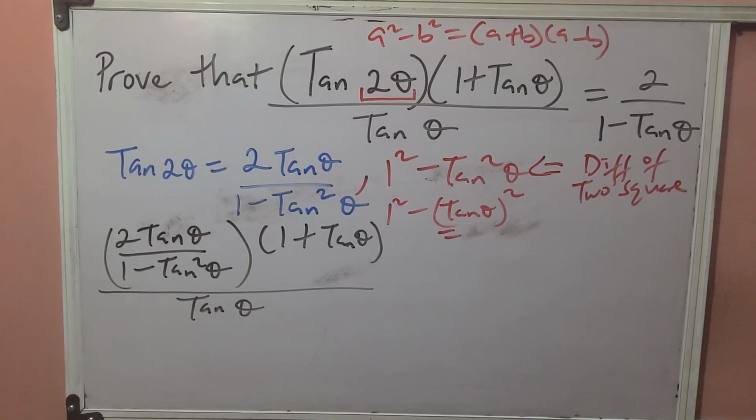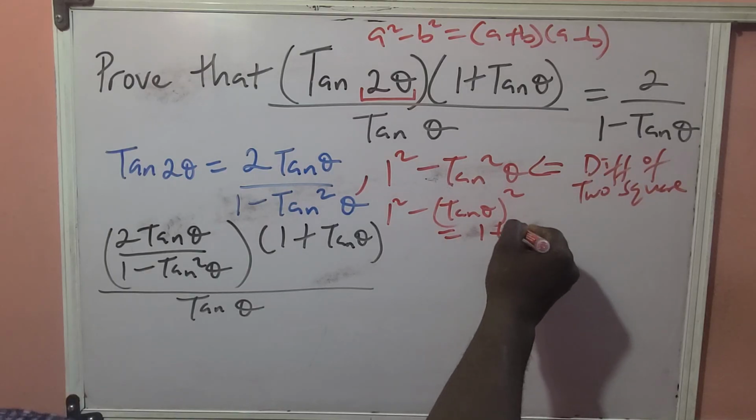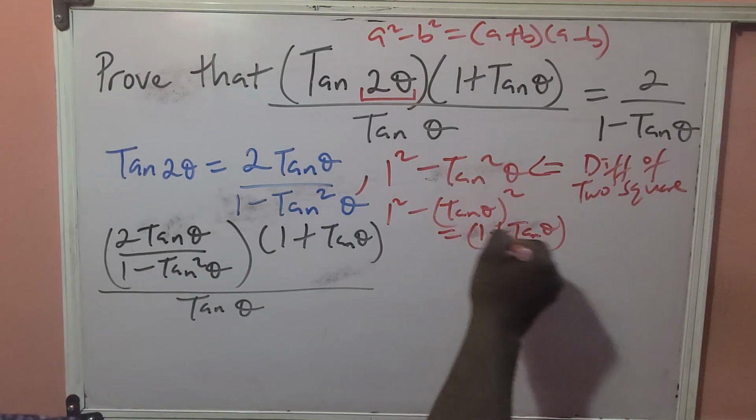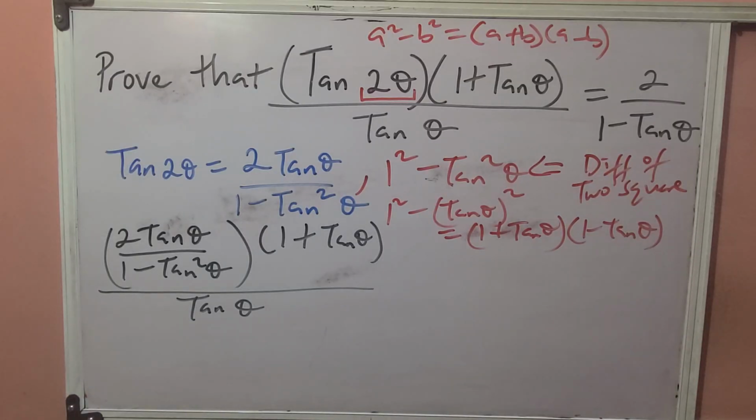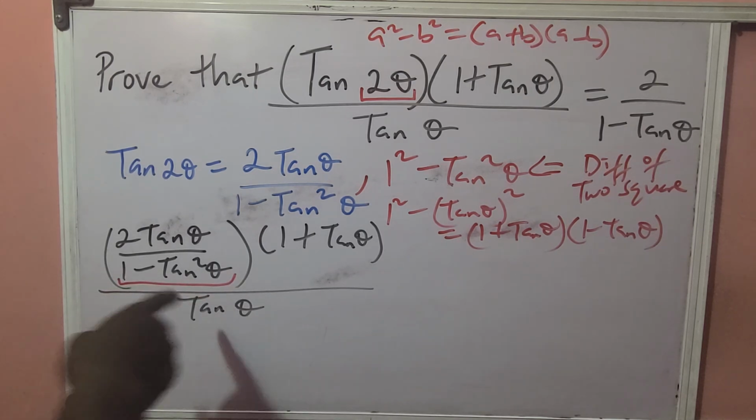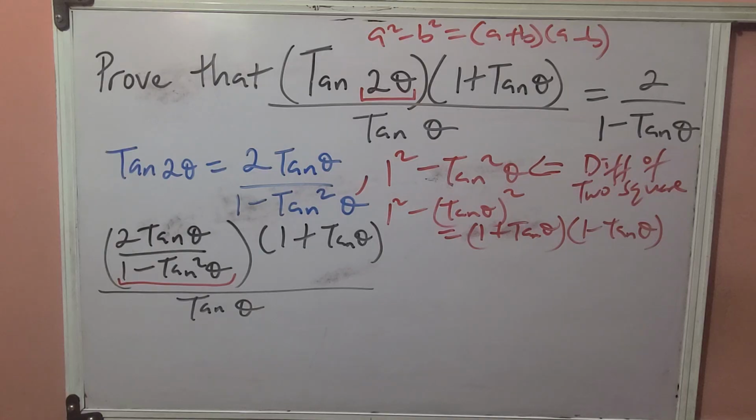So if we apply it to what we have here, we'll be having 1 plus tan theta multiplied by 1 minus tan theta. So we can fill that in for this particular value here. So rather than having 1 minus tan square theta, we can have 1 plus tan theta multiplied by 1 minus tan theta.